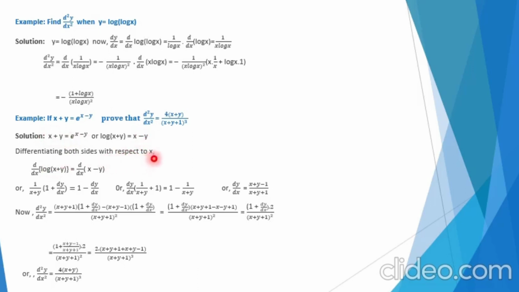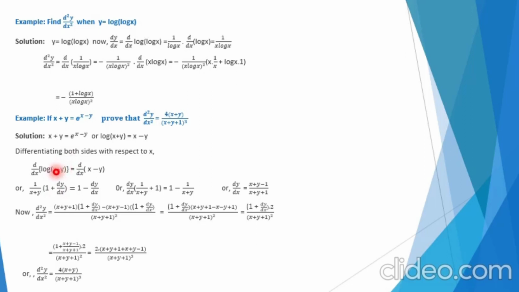Differentiating both sides with respect to x, d dx of log of x plus y equals d dx of x minus y. The derivative of log x is 1 by x, therefore the derivative of log of x plus y will be 1 by x plus y into the derivative of x plus y, according to the chain rule.